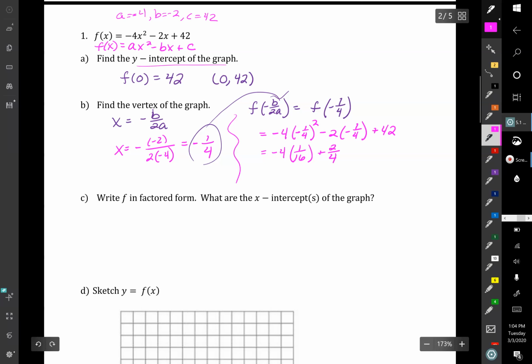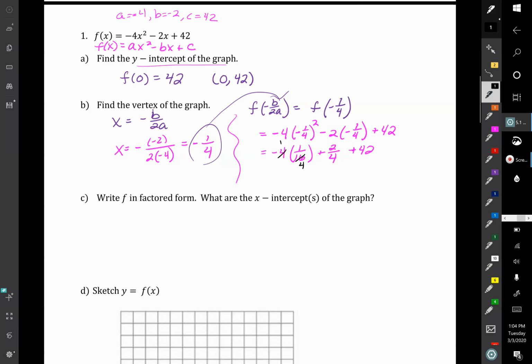I'm going to reduce that later. And then plus the 42. Now I can go in and simplify things. The negative 4 and the 16 will give me a negative 1/4 there.